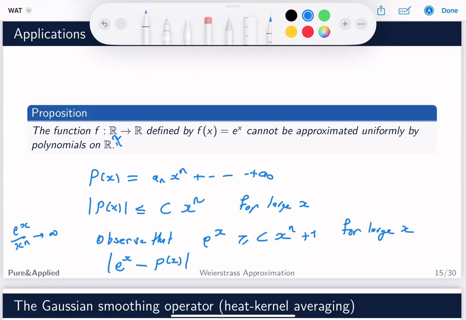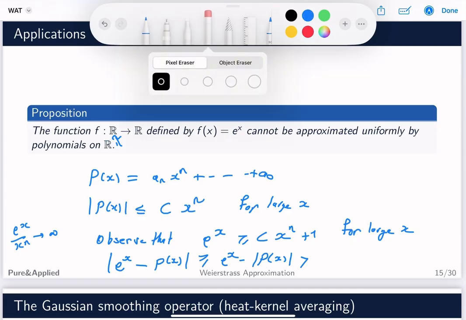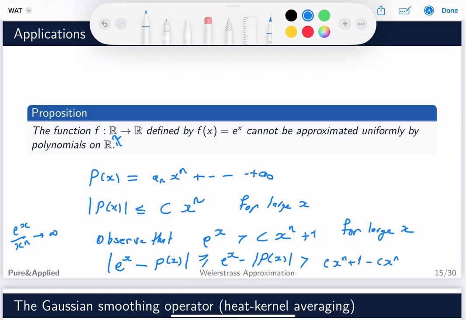That doesn't work. So let me show you. The absolute value of e to the x minus p of x is bigger than or equal to, by the triangle inequality, e to the x minus the absolute value of p of x, which is bigger than, so let's make this strict, c x to the n plus 1 minus c x to the n, which is equal to 1. So we have a strict inequality here.